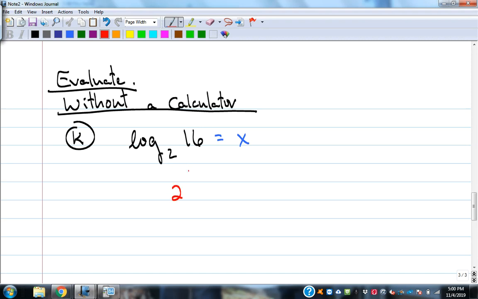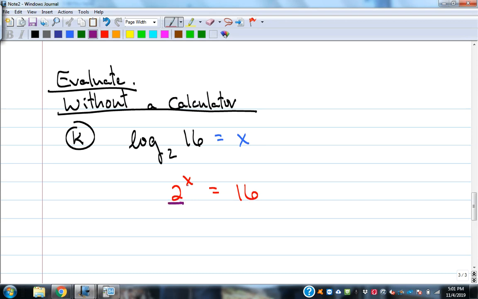So how can I rewrite that as an exponential? 2 to the x is equal to 16. And now I have an equation like we did in section 3. I've created a problem that I know how to solve. When I did this in section 3, what was my goal? It was to get the same base on both sides.